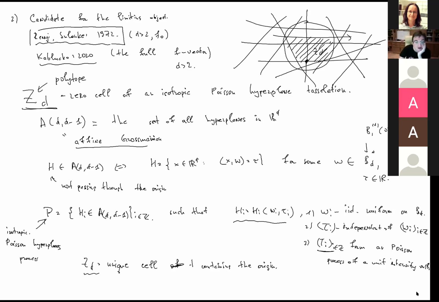So probably the distance from the origin to the boundary of this polytope is at least tau_1, so a ball with radius tau_1 is inside this polytope. That's why it is not empty. Exactly, very nice explanation. So the fact that it has non-empty interior follows from this explanation which Andrei gave, but the explanation of why it is a polytope probably is not that easy.